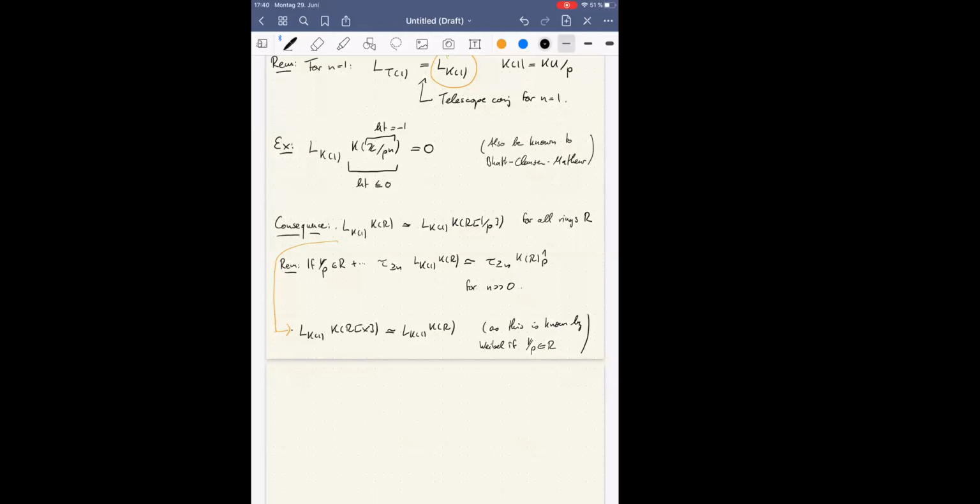Okay, and we can actually generalize these two to ring spectra satisfying that the K1 localization vanishes.